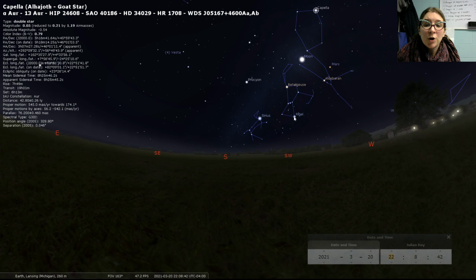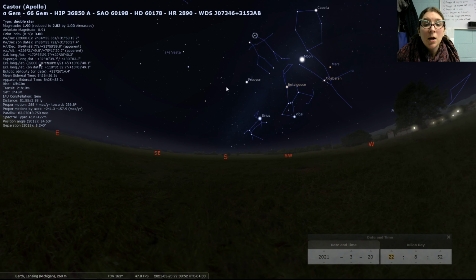And then we can also go from Rigel, the bright blue foot of Orion, up to Betelgeuse and keep going, and we find Castor and Pollux, which are the heads of the twins of Gemini. So these constellations are considered our winter constellations. And you will be able to see them in early spring still before they set below the horizon. But as we get more into spring, they'll set earlier and we won't see them anymore.